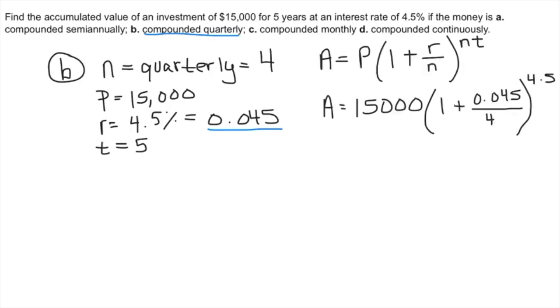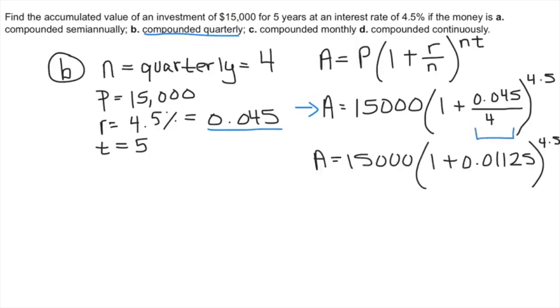I'm going to take those values and plug them into my formula for A. So I have A equals 15,000 times (1 plus 0.045 divided by 4), all raised to 4 times 5 power. The first thing we're going to do is divide 0.045 by 4. When we do that, we get 0.01125.